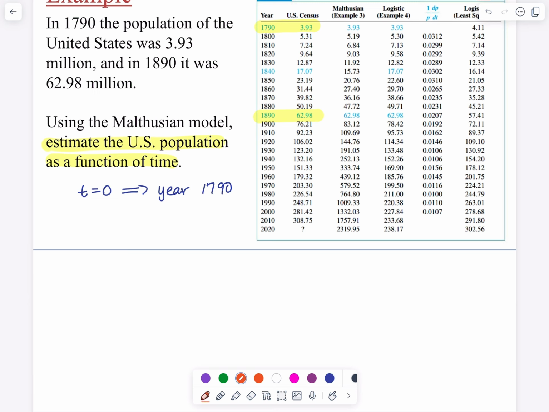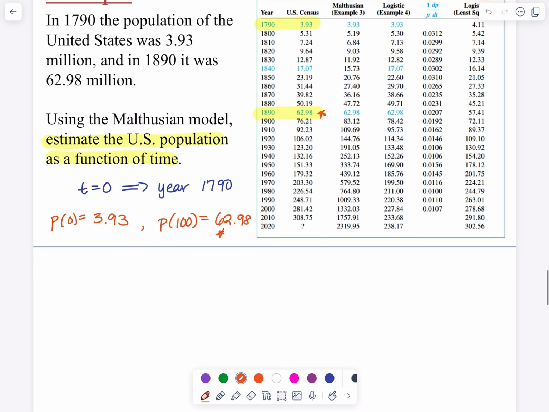Let's write down our information. We have P of 0 is 3.93 million, and P of 100, which would be year 1890, is 62.98.